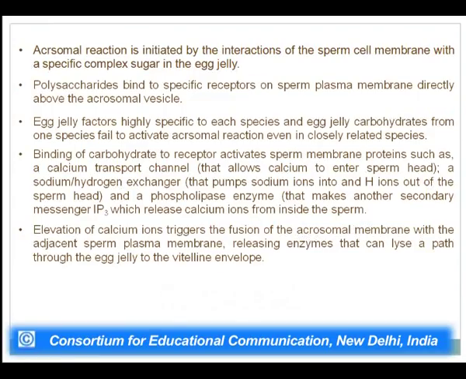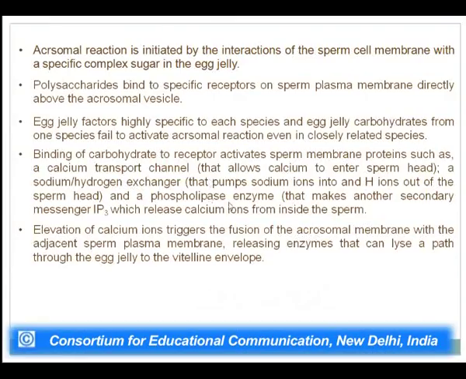The acrosomal tip of the sperm needs to recognize certain sugars in the egg jelly, and binding to these receptors will cause these proteins to work and change the ionic environment inside the sperm head.